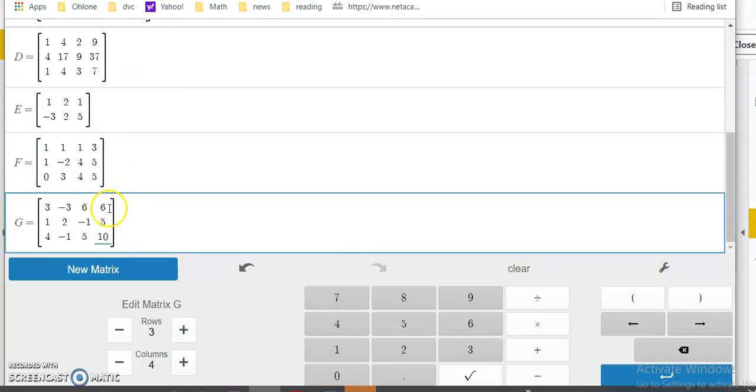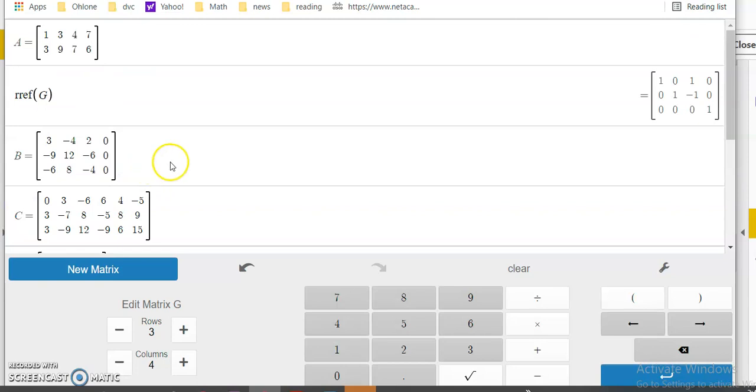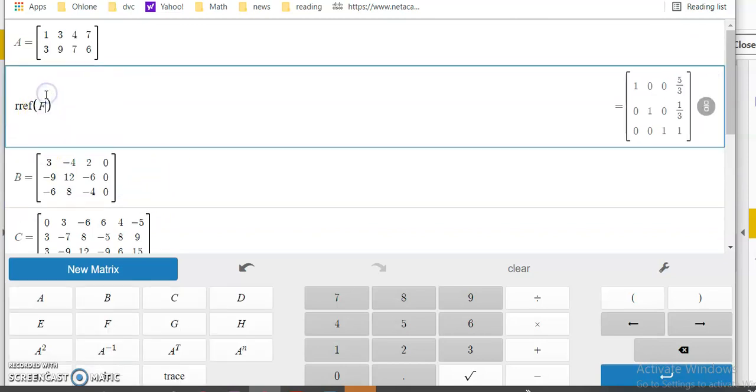I already entered it in matrix F, and then I do RREF of F, and there I have the last column: 5/3, 1/3, and 1.